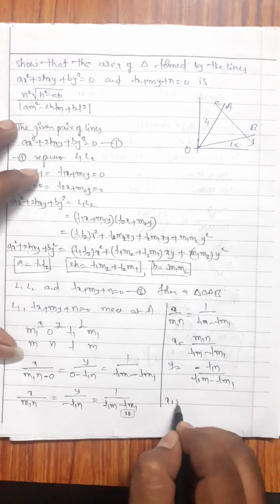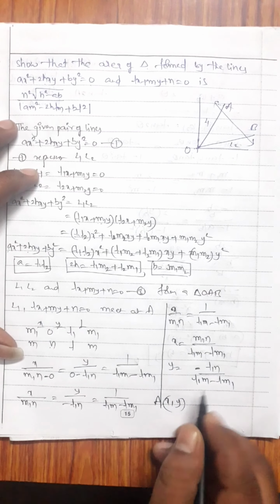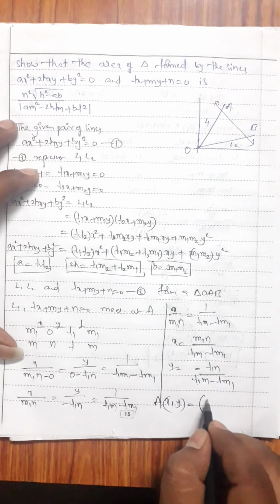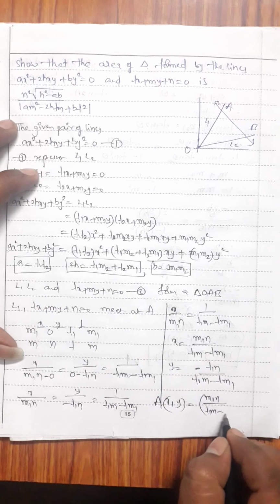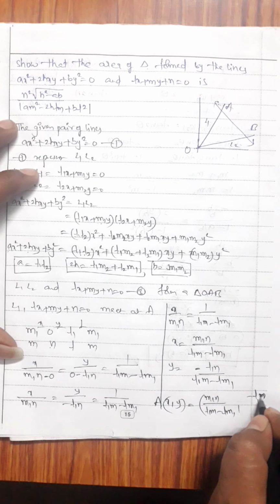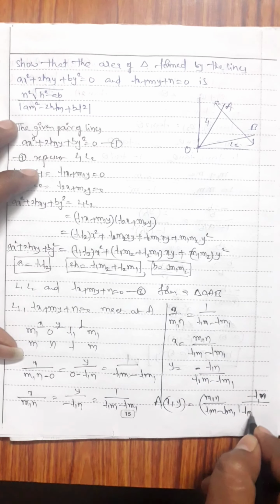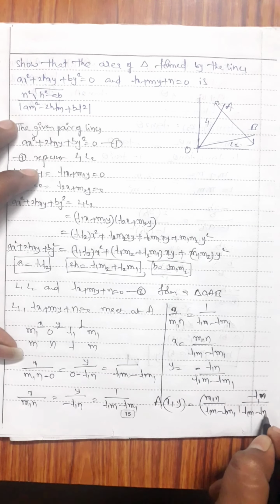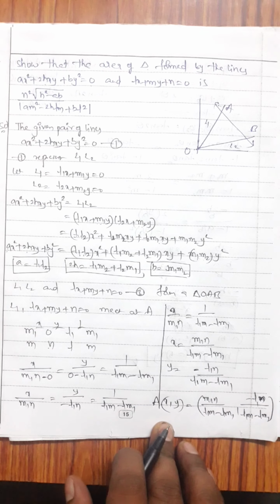Therefore, A x comma y is equal to this point. Point A is equal to m1 n by l1 m minus lm1 comma minus l1 n by l1 m minus lm1. This is the point A, x comma y.